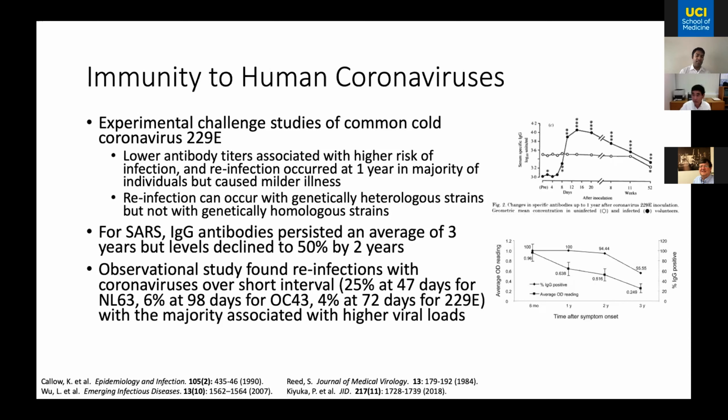Now, the sequencing that they did was not the most robust, so we don't know if these viruses were completely genetically identical. The study said that they were genetically similar, but it may be that the viruses they got reinfected with were somewhat genetically different, or it may be that a small subset of people just don't develop effective immunity, and those people can be reinfected.